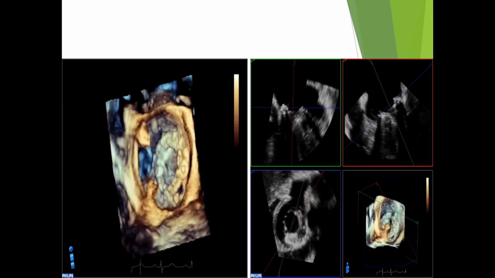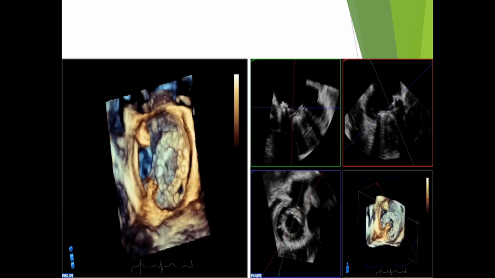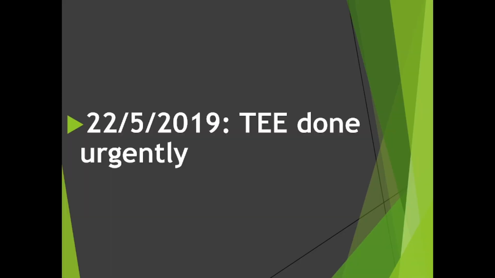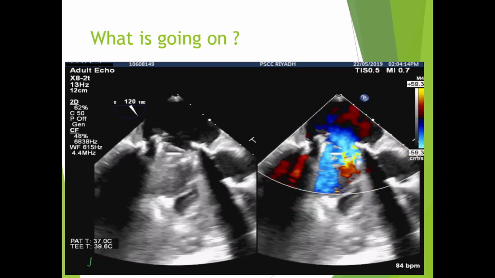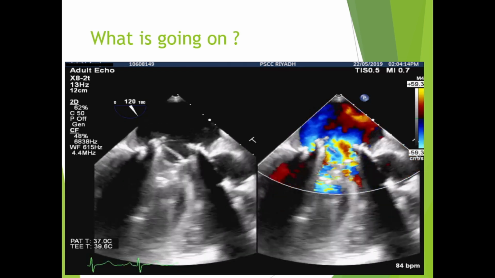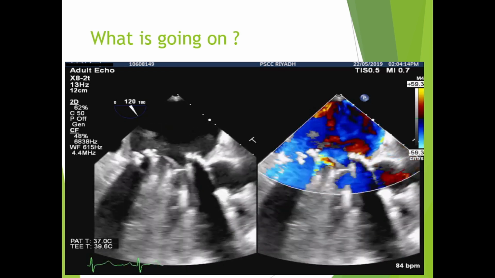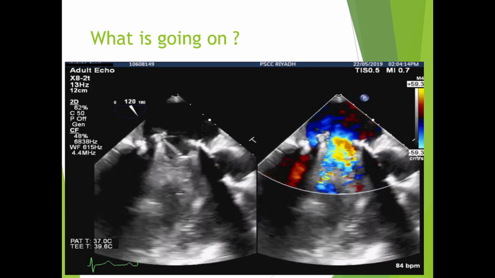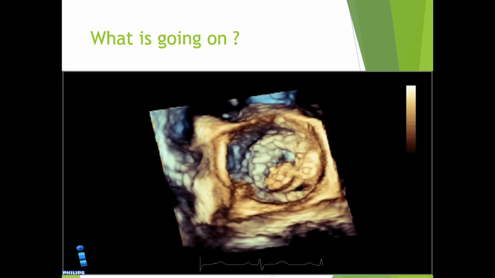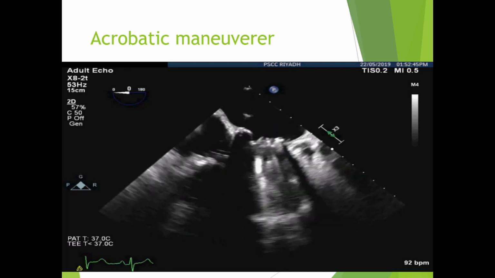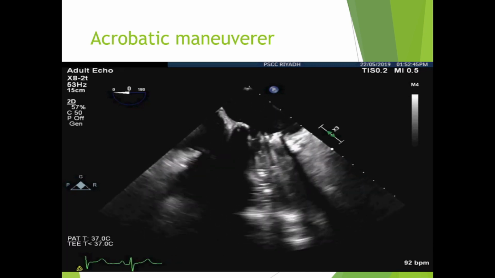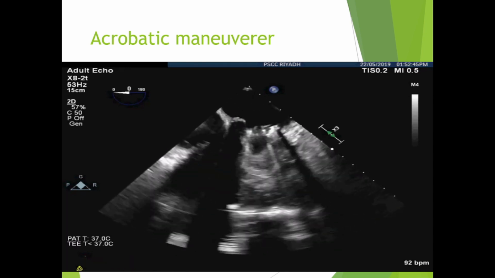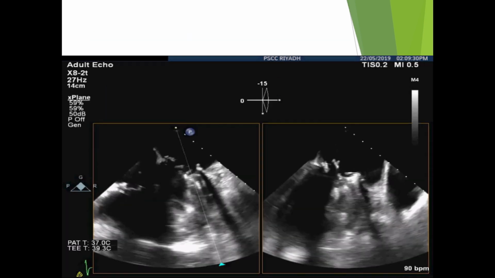And while he's waiting for surgery, after the antibiotic course, after like 3-4 weeks, suddenly he became short of breath. So TEE was done urgently, and this is the torrential MR, and you can see that there is something here roaming around, and it did all maneuvers to embolize, but fortunately he has a mechanical valve with 2 discs that prevented this device from being embolized to the brain or anywhere.